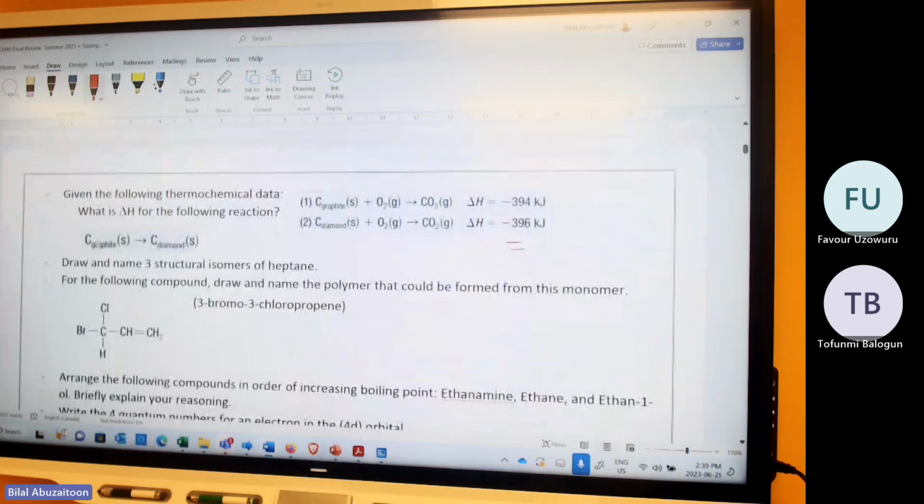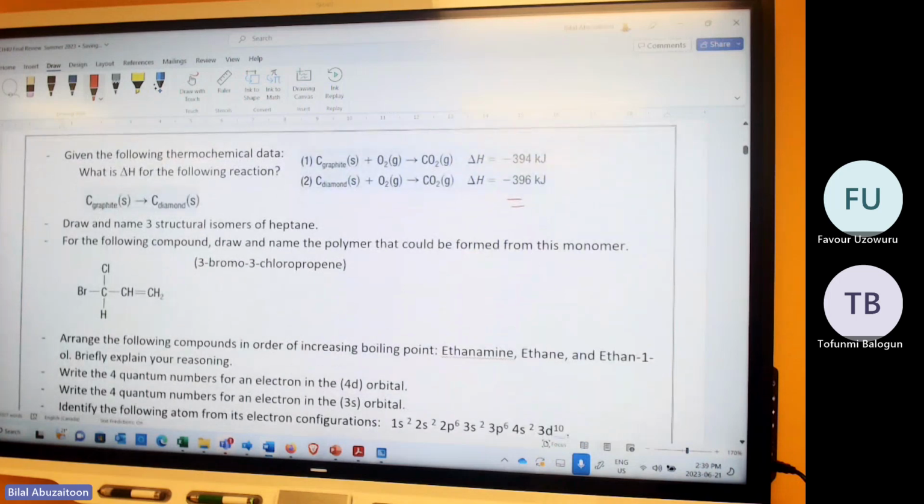Okay. Given the following thermochemical data, what is delta H for the following reaction? So we have two reactions that lead to the overall reaction: C graphite produces C diamond.